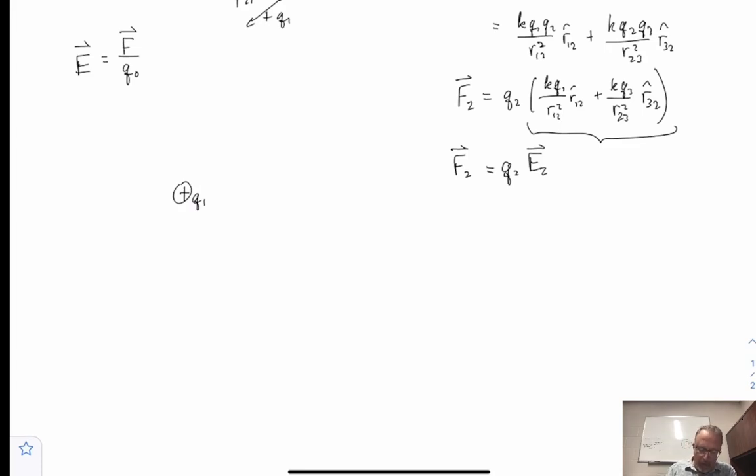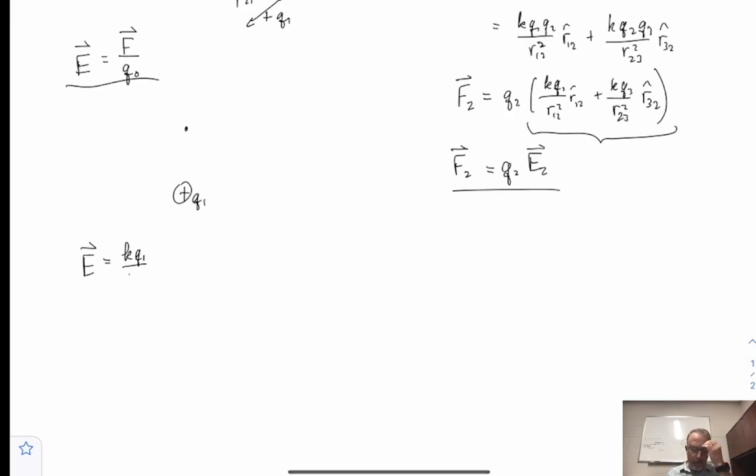Okay? Well, what this would tell me is that the electric field from that charge will be equal to K Q1 over R1 squared in the R1 hat direction.